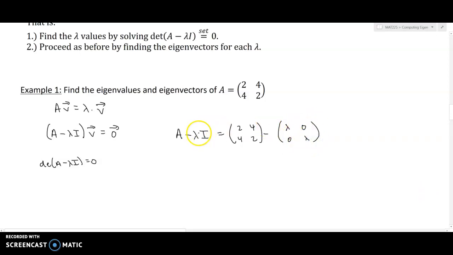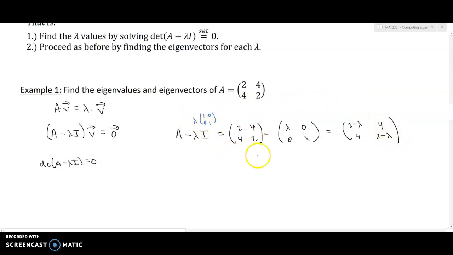The identity, remember, has the components 1, 0, 0, 1 in it, and when you scale that matrix by lambda, you get lambda, 0, 0, lambda. When you subtract these, you get 2 minus lambda, 4 minus 0, 4 minus 0, and once again, 2 minus lambda.